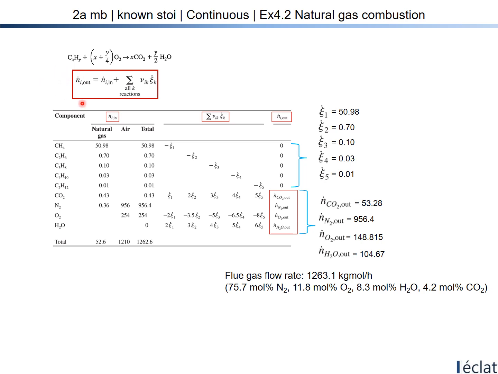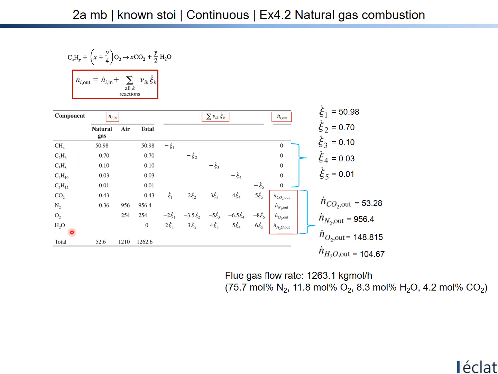So knowing accumulation is equal to in minus out plus generation term, then let me set up the mole balance equations. Again, we'll use this equation: out is equal to in plus generation term.